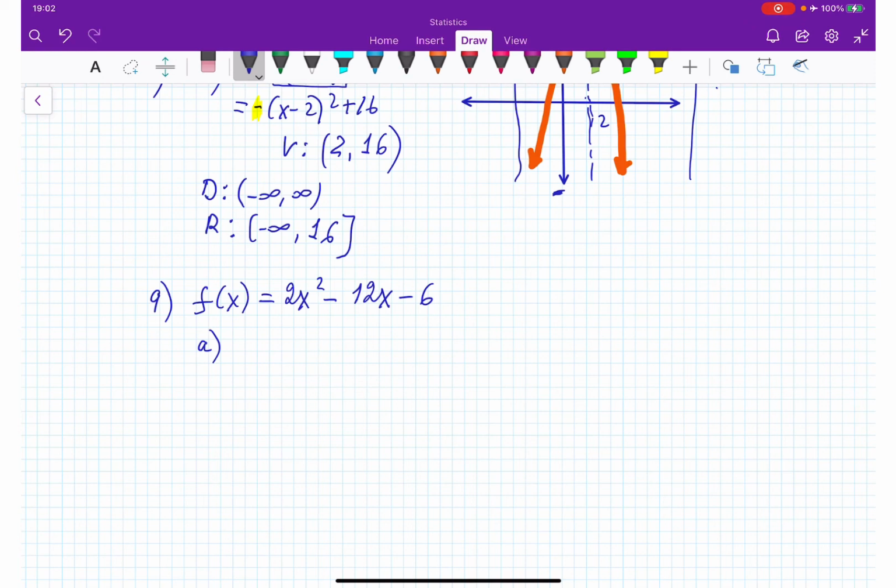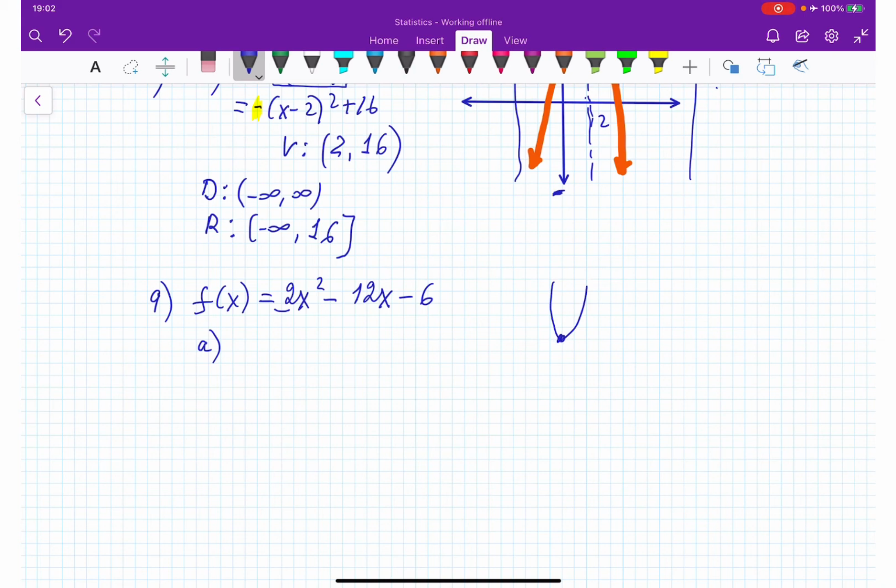So it has minimum or maximum. How are we going to find out? We are going to look at the leading coefficient of this trinomial, of this quadratic function. We are looking at the coefficient of x squared. Here, if it's positive, so which is positive, then the graph has minimum.